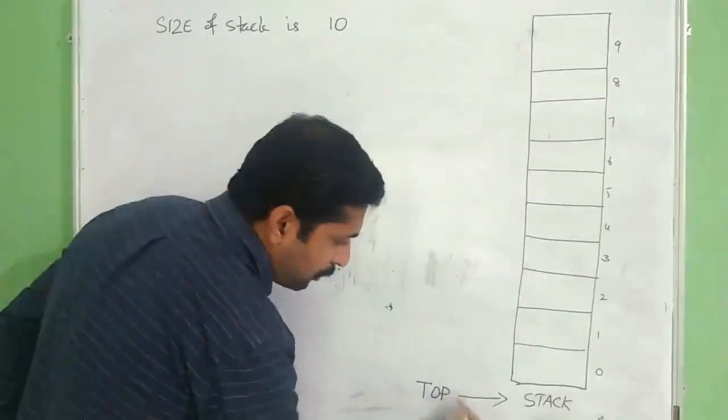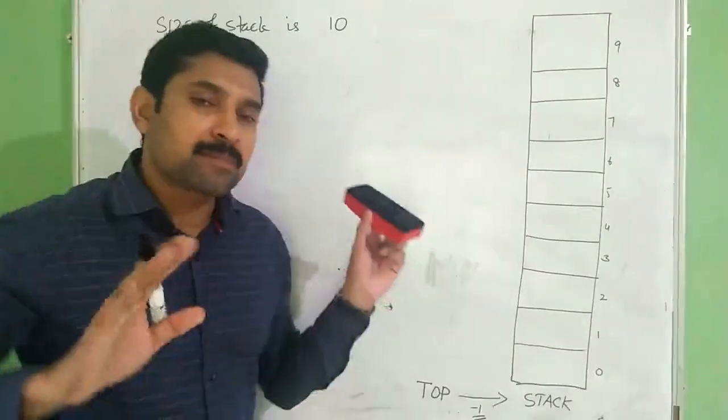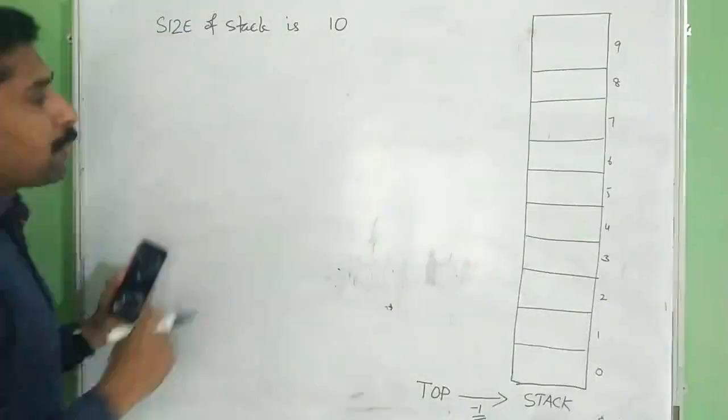Initial value of top will be -1, which means there are no items in the stack, or the stack is empty.